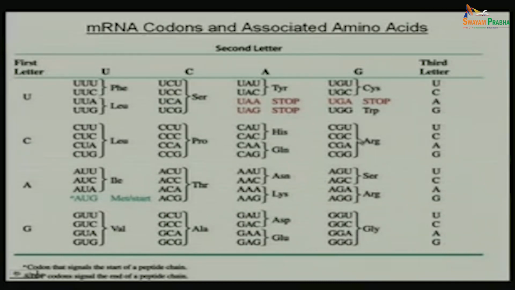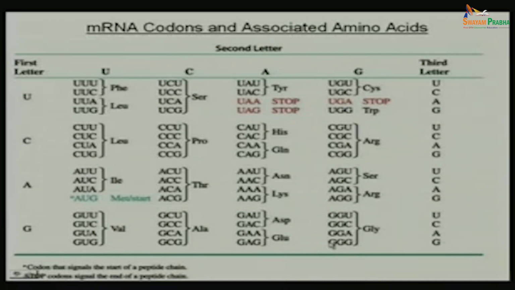The first 2 nucleotides are the same for this particular amino acid, but the third is varying. In the case of glycine also, you see the first 2 are constant whereas the third is varying.